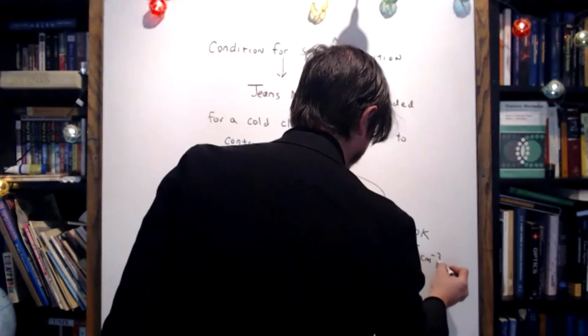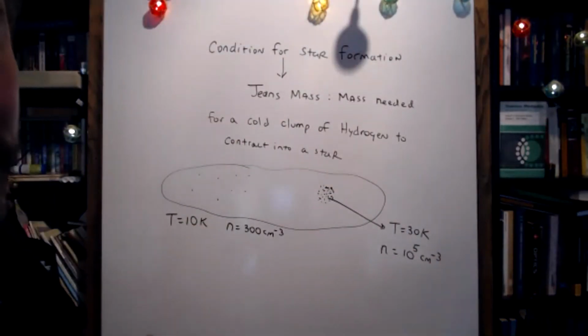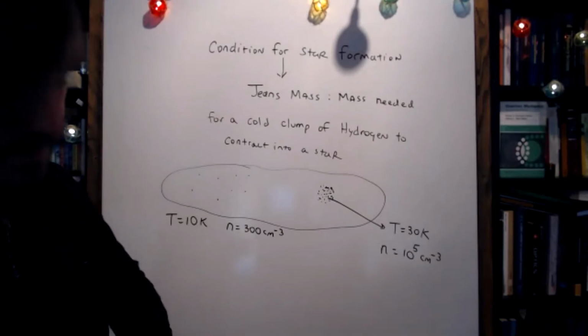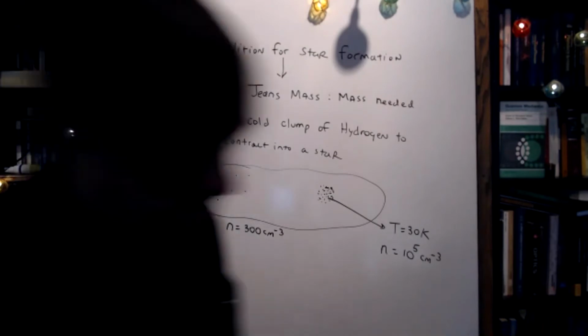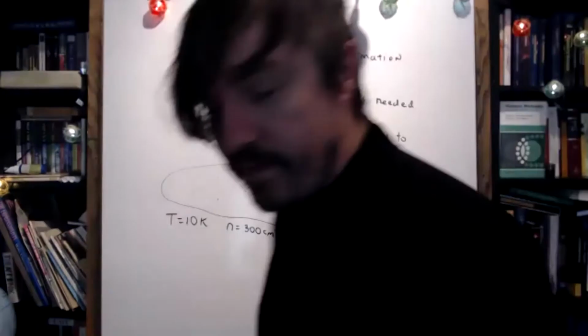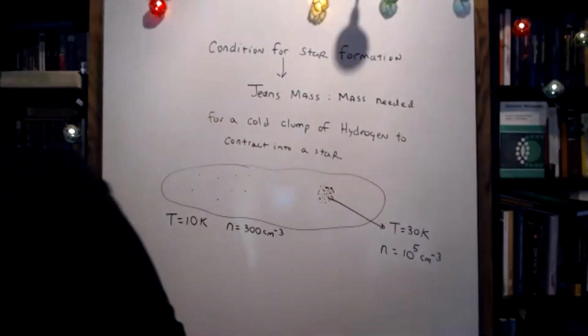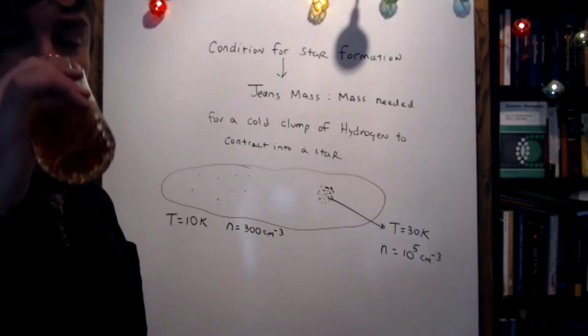Okay, class, just answer me some basic questions. By what factor has the temperature increased? That's an easy question. 3 times. By what rough factor has the number density increased?